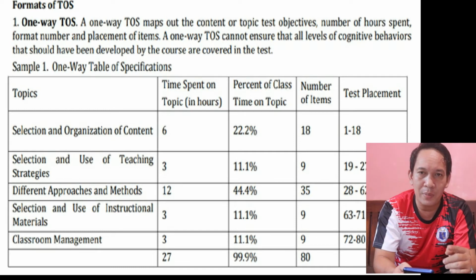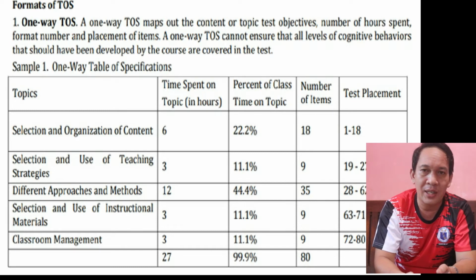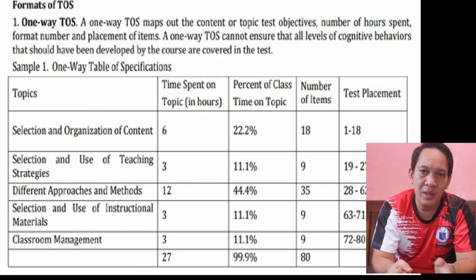So that's why for the number of items on the selection and use of teaching strategies, time spent is 3, percent of class time on topic is 11.1%, and the number of items that you are going to make is 9 items. As for test placement, it's up to you to identify.